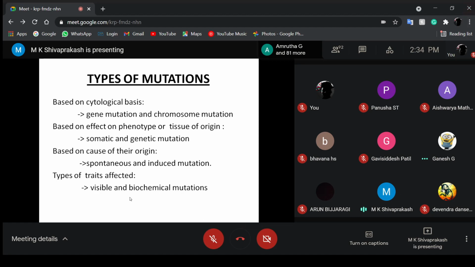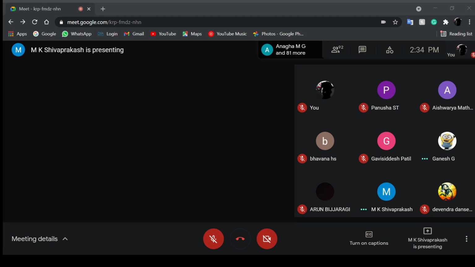And the types of mutations: based on the cytological basis, they are broadly classified into gene mutation and chromosomal mutation. Then based on effect on phenotype or tissue of origin, they are classified as somatic and genetic mutation.